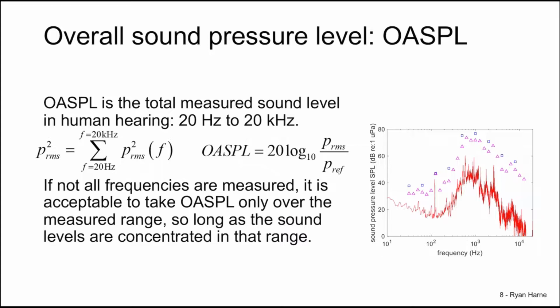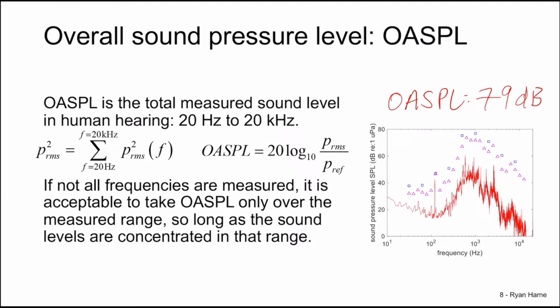If we run an OASPL computation for the plot that we've been seeing here, and is now again shown on the bottom right, our OASPL is 79 decibels. What's important when we view it in terms of the octave band values and 1/3 octave band values, and finally the narrow band values, is that the OASPL is larger than all of the other dB values reported.